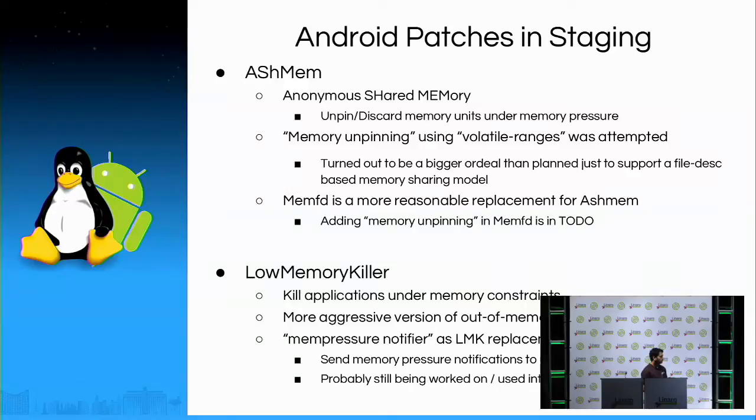It is again something which is in to do right now. Last time what I've been told or what I read somewhere is that it's still not comparable to what the in kernel low memory killer is up to. So yeah, this one is in to do as well.